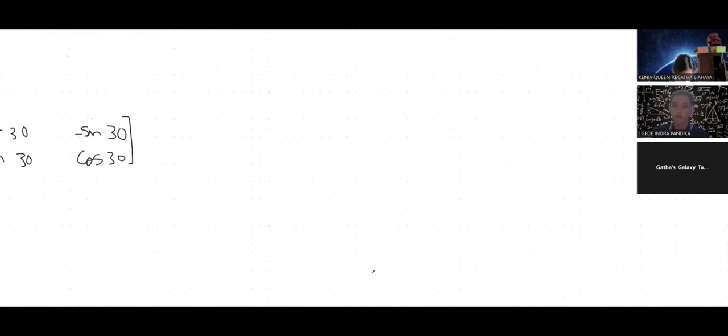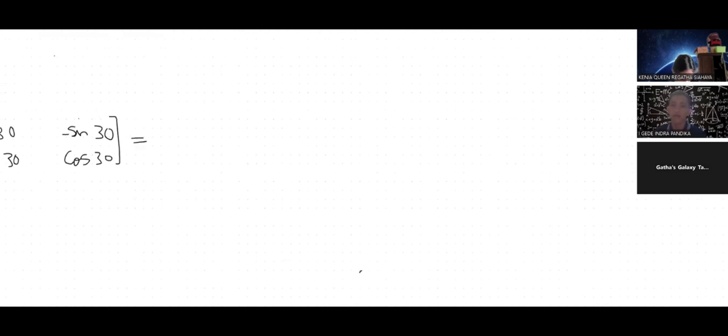So the value of cos 30 is 1 over 2 cross root of 3, and the value of sin 30 is 1 over 2, the value of minus sin 30 is minus 1 over 2.